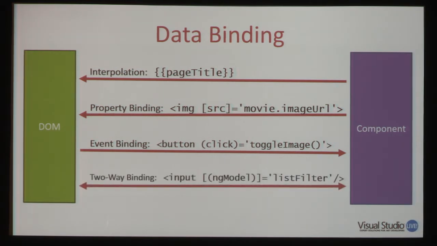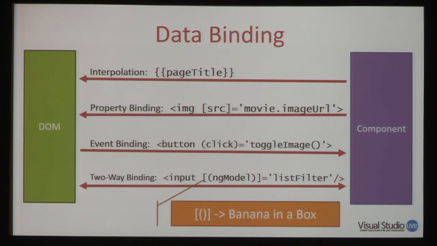Okay. The last thing it has is two-way binding. Now the syntax for that looks a little odd at first. I hated it when I first saw it, but it's kind of grown on me. What this is doing is both event binding, so it has the parentheses, so it's going one way from the DOM to the component, and it's also doing property binding, which are the square braces. In order to remember the order of that, it's sometimes referred to as a banana in a box, because it's the parens inside the square brackets.